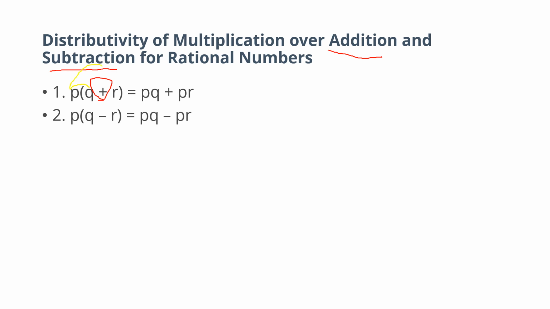So P multiplied by Q plus P multiplied by R gives you PQ plus PR. Then P multiplied by Q minus P multiplied by R is PQ minus PR. Distributivity is again true for both addition and subtraction. This you can check by taking examples.